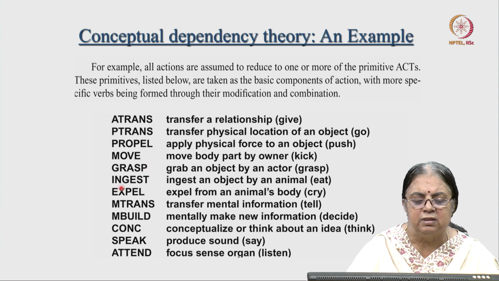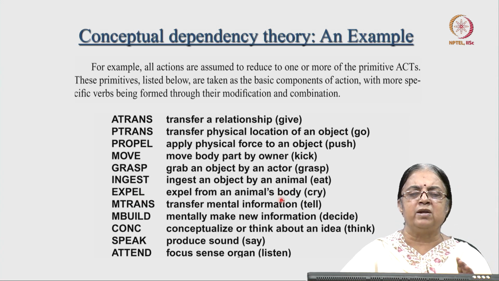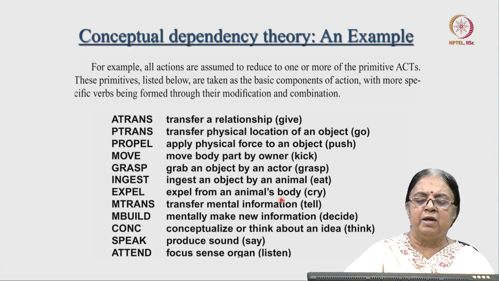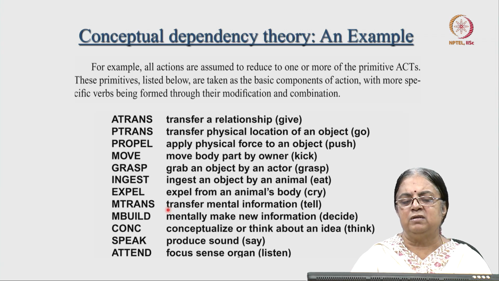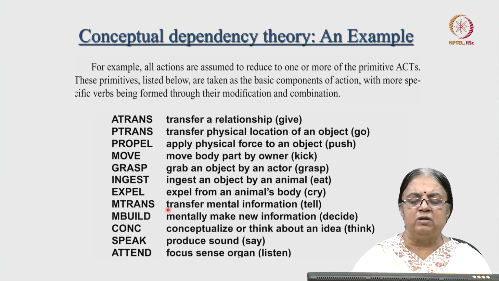Then ingest, ingest an object is like eat. Then expel, expel from an animal's body. Something like cry, you can expel a cry. M trans is transfer mental information, that is tell. You tell something to someone, so there you use M trans. M build is mentally make new information, that is decide. Then cons is conceptualize or think about an idea.